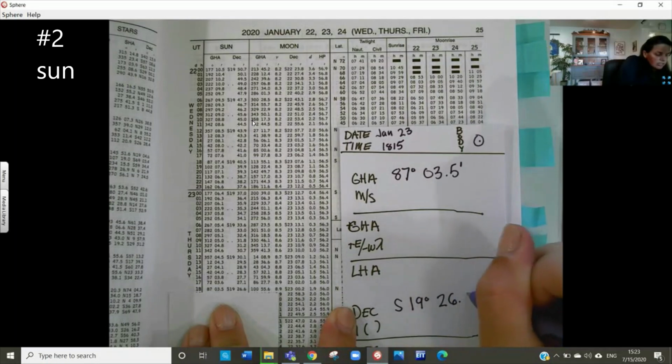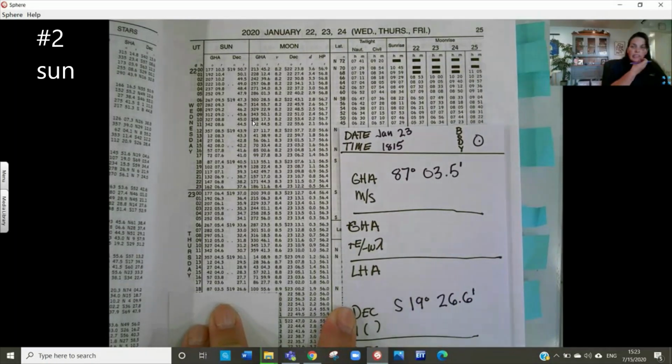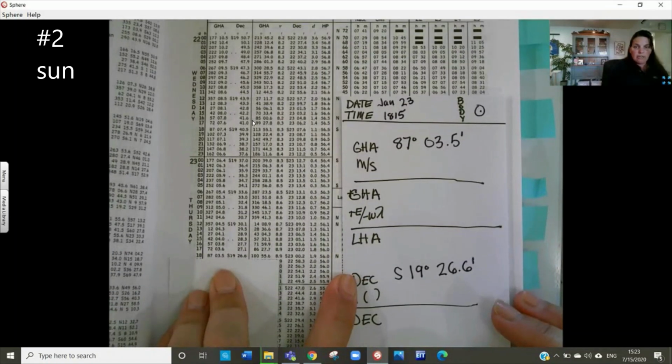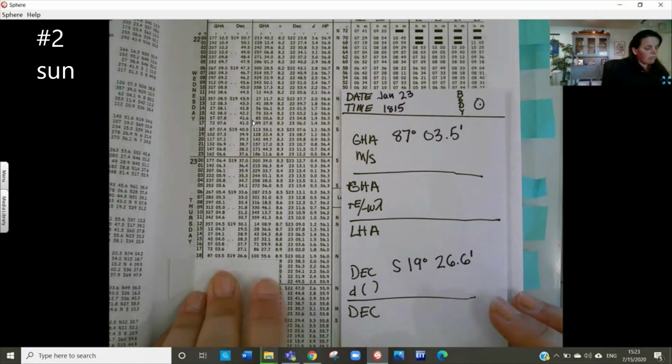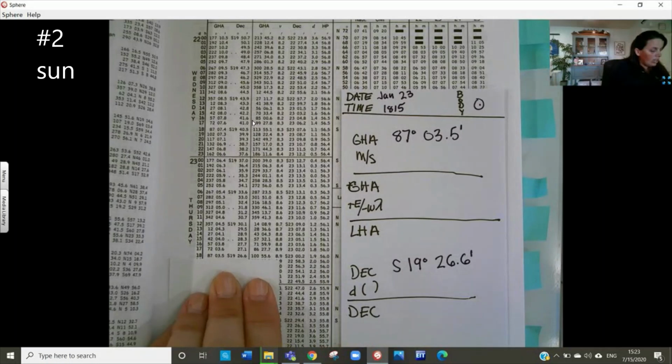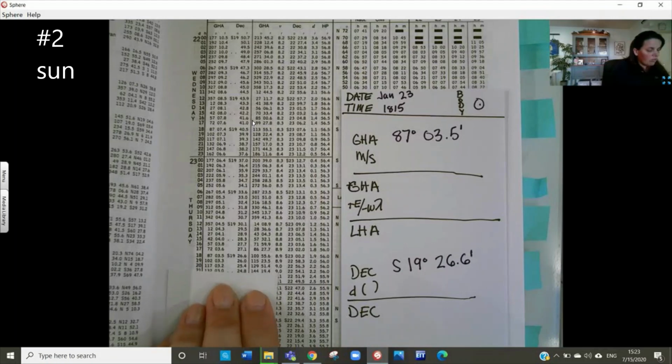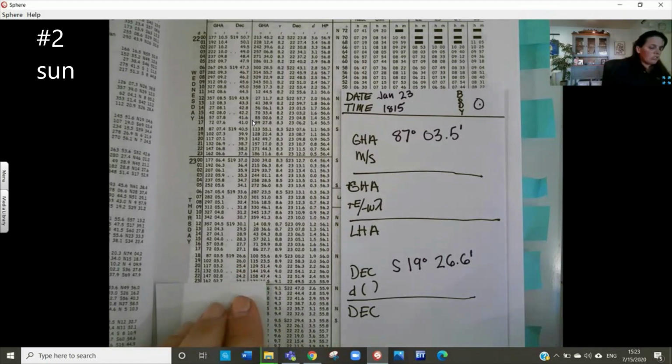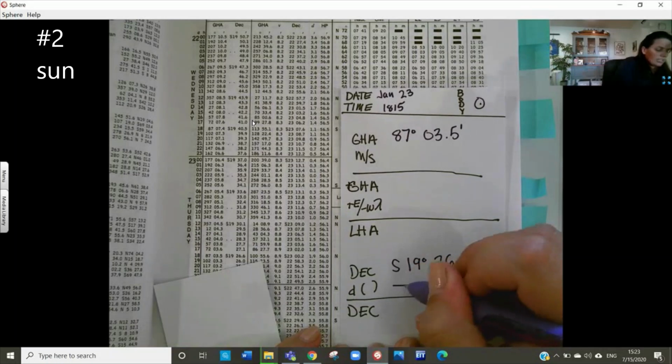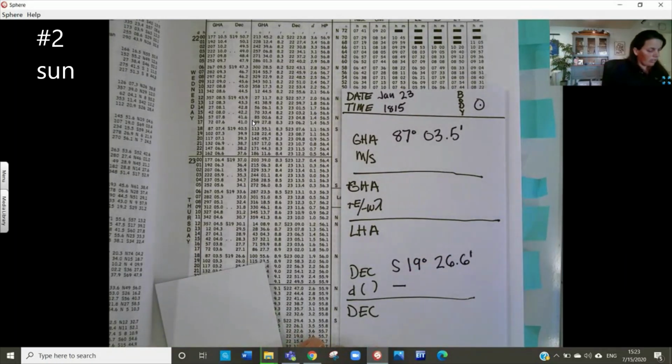26.6 minutes. Now on this one, because we do have minutes and seconds, we also want to make a note of a couple more things for declination. Is it increasing or decreasing from 1800 to 1900? It would be decreasing. So we had the 26.6, and then we have 26.0, 25.4, etc. So we're going to be subtracting our correction, whatever that correction may be.